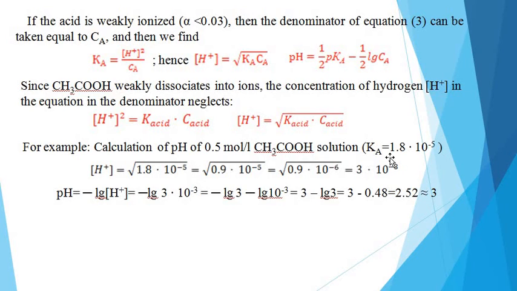And knowing the concentration of hydrogen, we find the pH, which is equal to the inverse logarithm of hydrogen. So the inverse logarithm of 3.3 multiplied by 10 to the minus 3, and from this it's known that pH is equal to 2.52, or approximately 3.